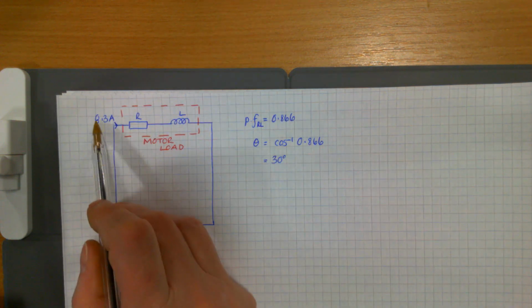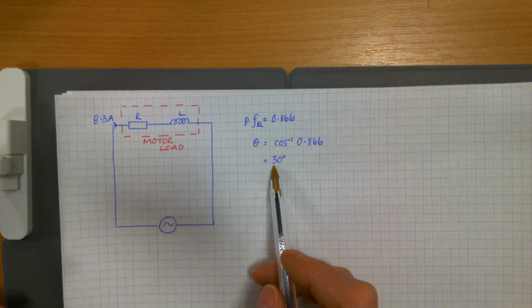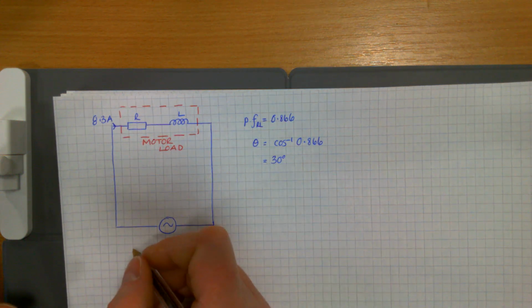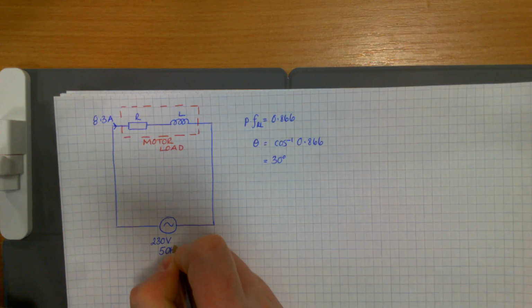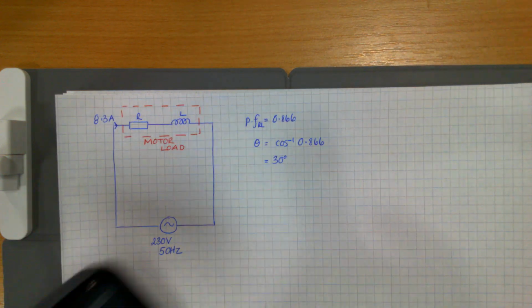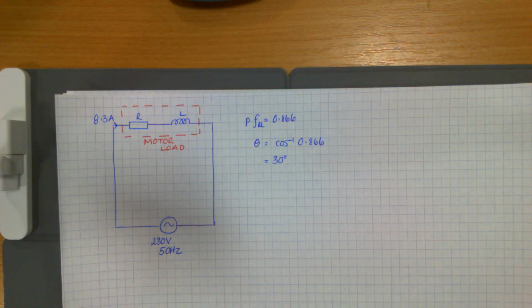So now you know the current is 8.3 amps and the angle is 30 degrees. The voltage for the supply is given to you in the question. So from this, you should then be able to go on and do your phasor diagram for that.